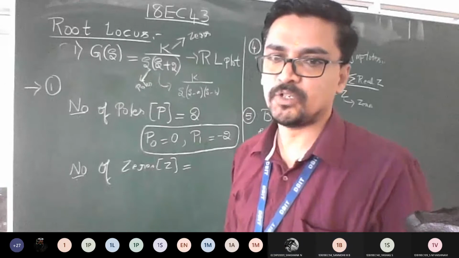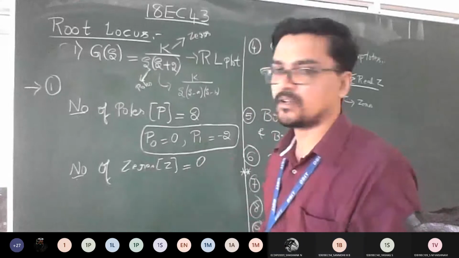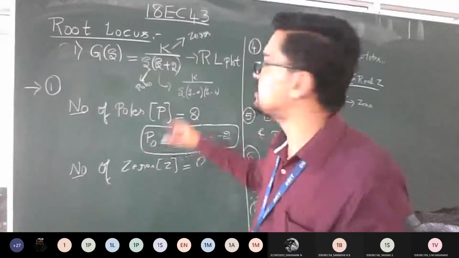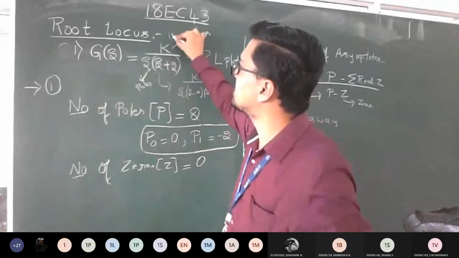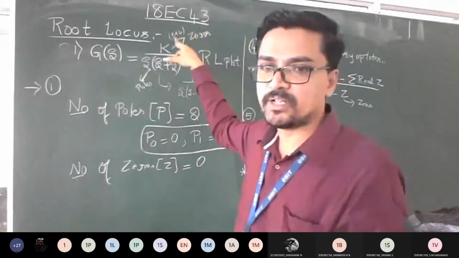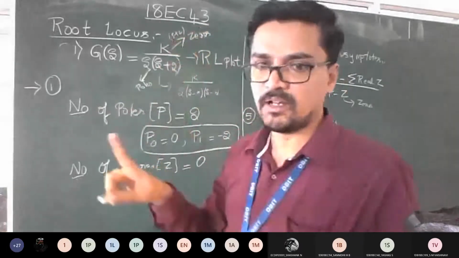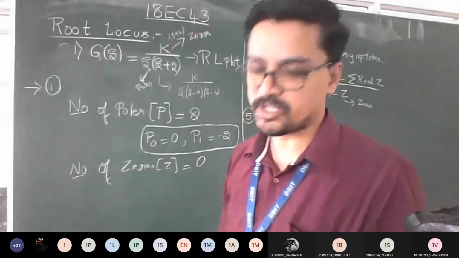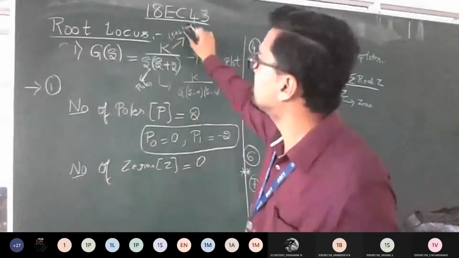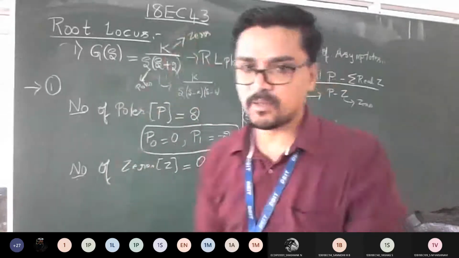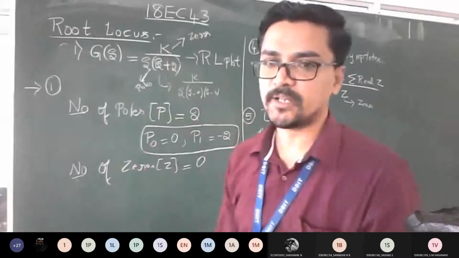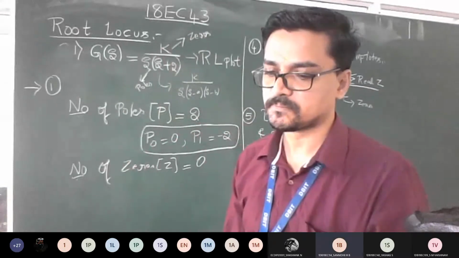No, sir. So you can conclude there are 0 zeros. Assume that I had given K into (s plus 2). Then you would say there is 1 zero with a value of minus 2. Understood the logic now, everyone? That is how to find the number of poles and zeros. Is that okay? Yes, sir.